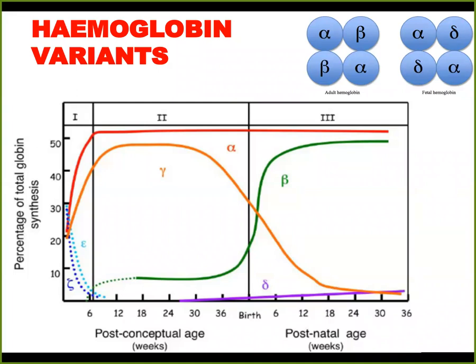It's chains of alpha and gamma. But after birth, during the first 2 months, fetal hemoglobin changed and the level of adult hemoglobin increased.